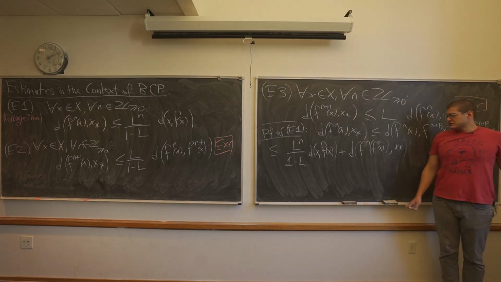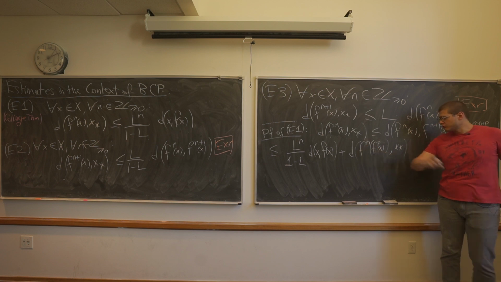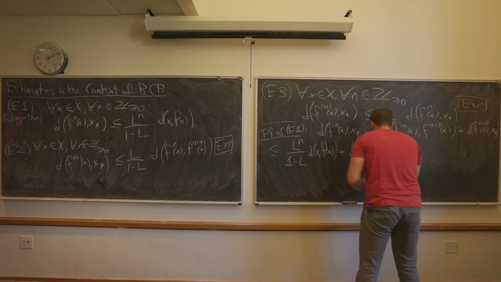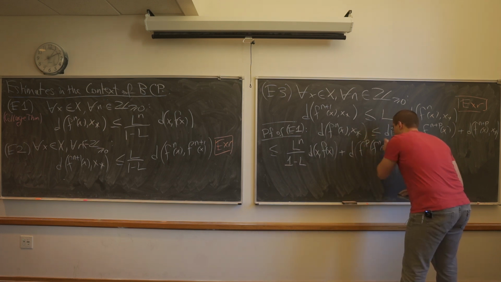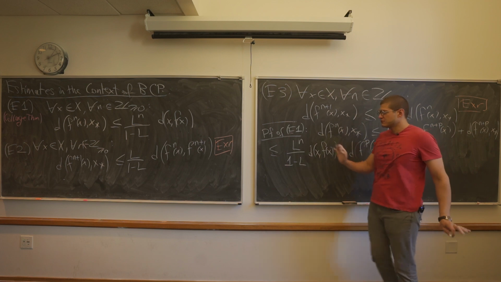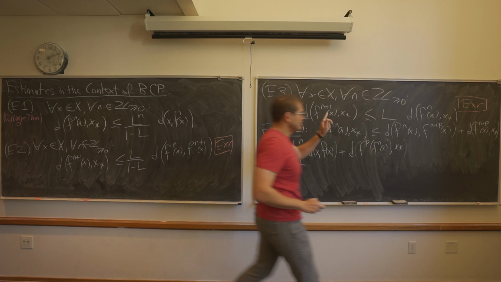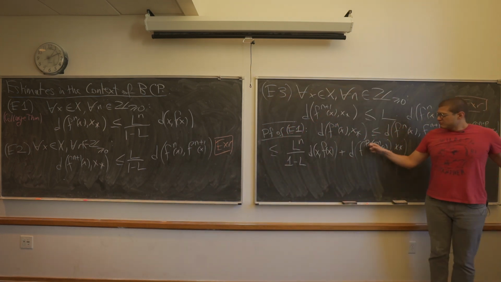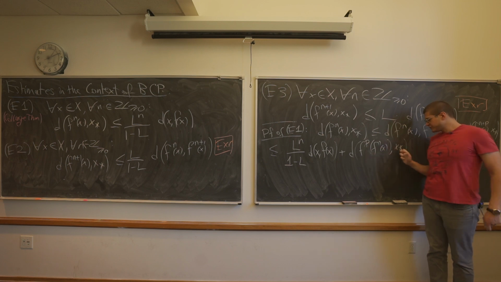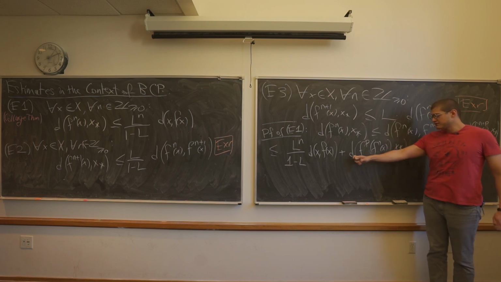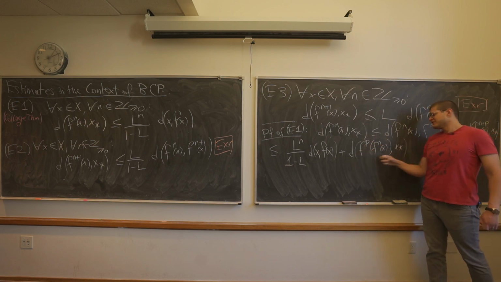For any initial condition, so for fixed p, if I, oh wait, I should do it the other way around, sorry. My n and x are fixed, because that's the statement. Fix x, fix n. P is not fixed, okay? If I keep increasing p, this point is going to converge to this by the proof, which means that for any epsilon, there is some capital P such that after capital P, this is bounded by epsilon.